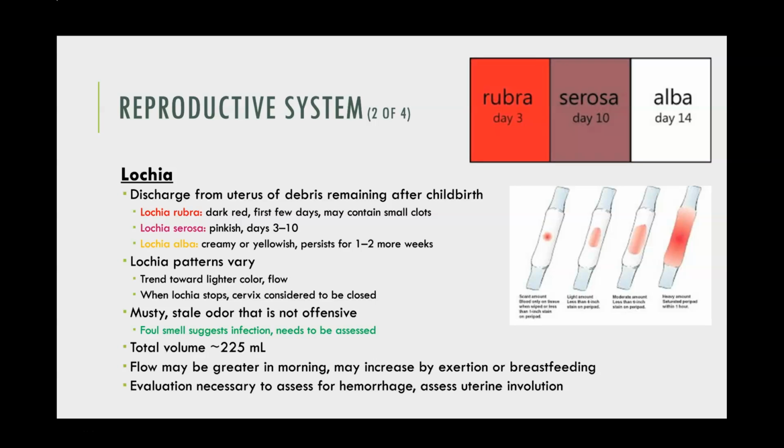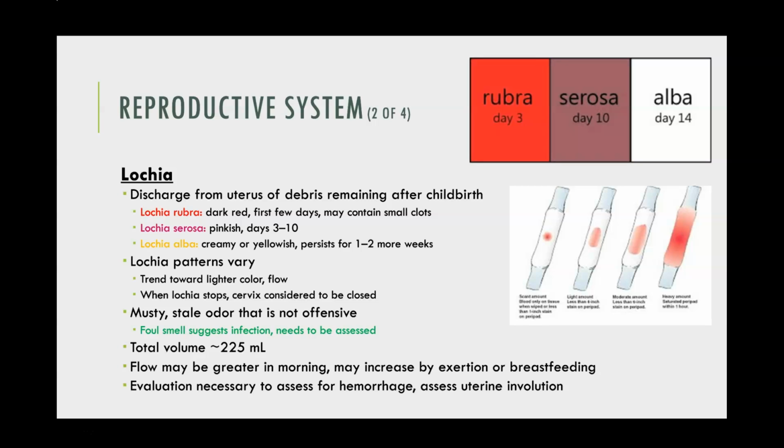Lochia will be greater in the morning, and it may increase with breastfeeding moms. So they should know that as they breastfeed, they may actually feel themselves discharge some lochia during that breastfeeding, and it all has to do with that oxytocin release from the brain and the cramping down of the uterus.